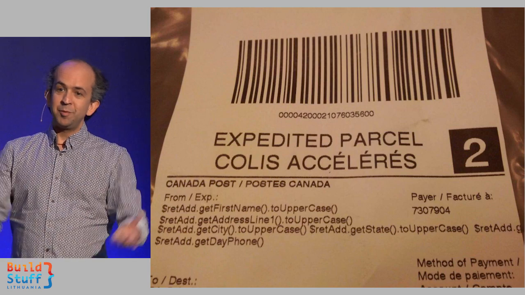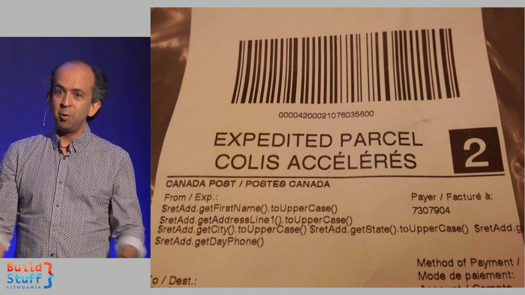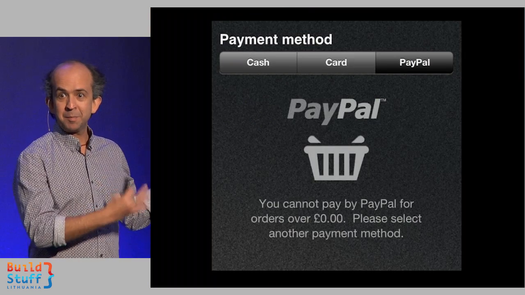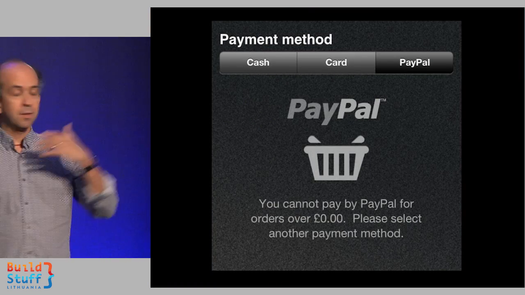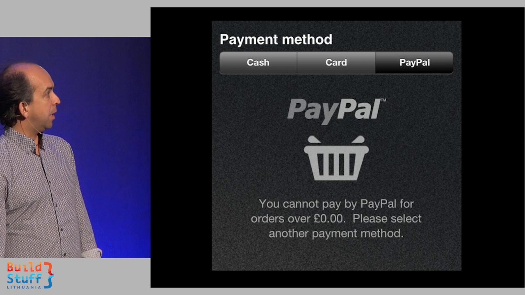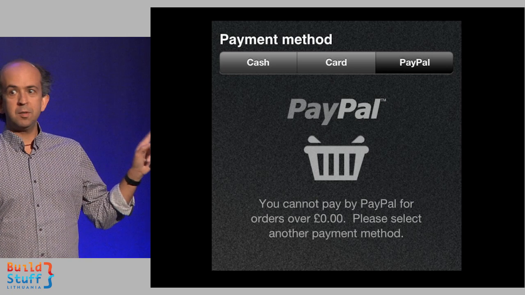Suddenly, your beautiful piece of encapsulation is dropped on the floor and it's cracked into pieces, and you can look at where the cracks are, and that tells you how something was built. It doesn't just tell you the language, it tells you the care. You cannot pay by PayPal for orders over £0. I think this is not going to be very useful.